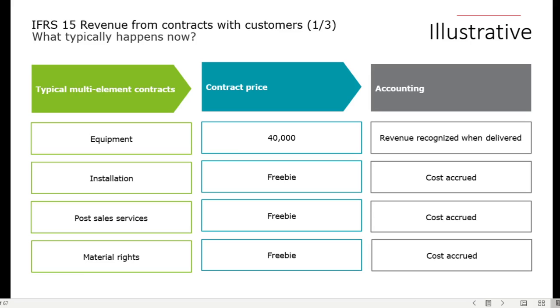The whole 40,000 is recognized as the sales price when we are delivering, and the installation cost itself is charged to the profit and loss statement. So you don't really get a separate cost for installation and the equipment itself, and you don't know which one is profitable. This is an example.